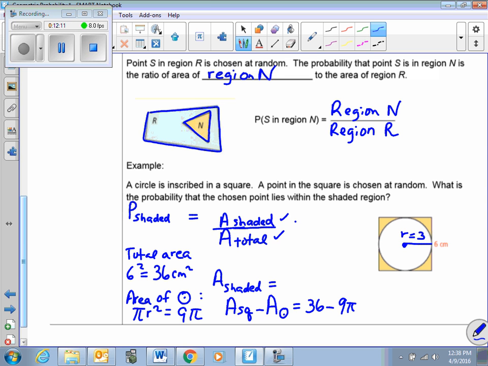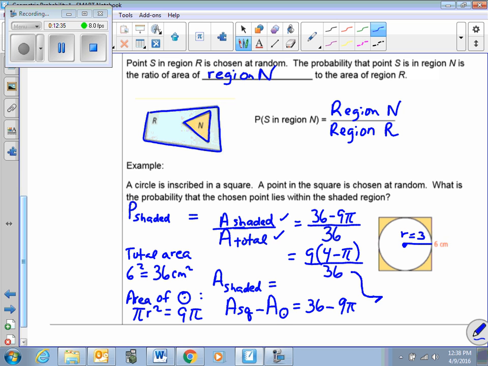So our probability here is going to be 36 minus 9 pi divided by the total area, which is 36. That looks like something I need to simplify, doesn't it? So what can I do? I can factor a 9 out of my numerator. That's going to give me 4 minus pi divided by 36.